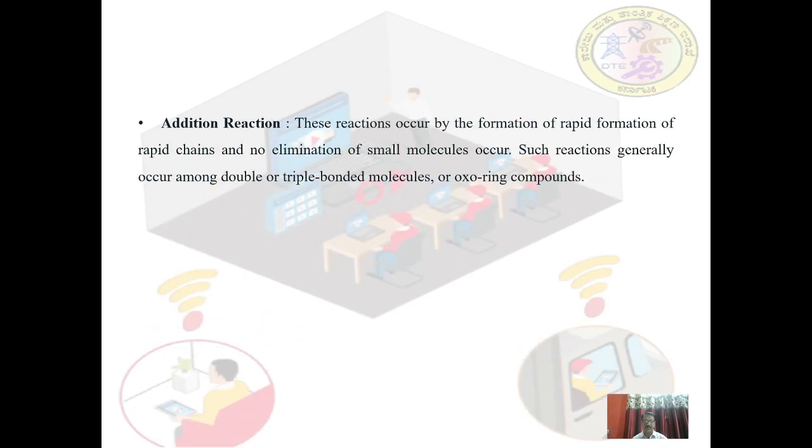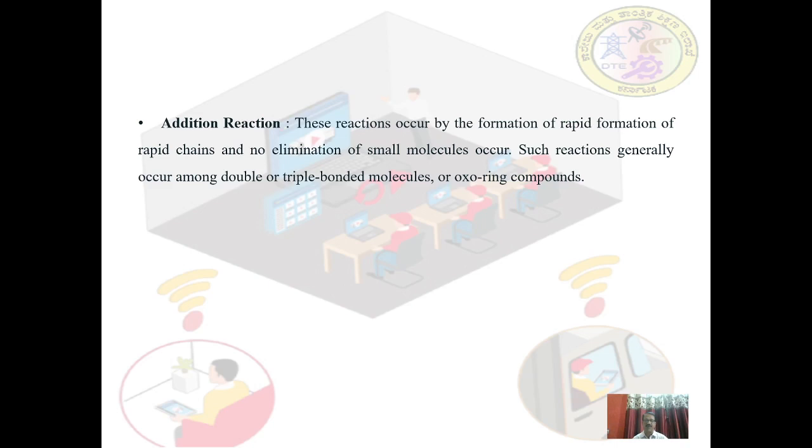The second method is the addition reaction. These reactions occur by the formation of a rapid chain and no elimination of small molecules occurs. Here an addition reaction takes place. The two monomers react and form a dimer. To this dimer, a third monomer is added.